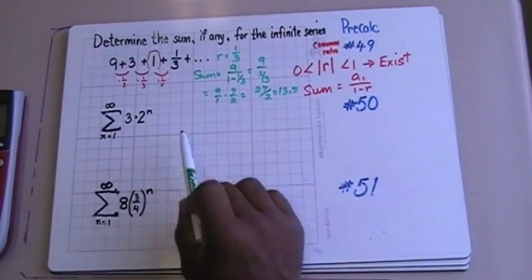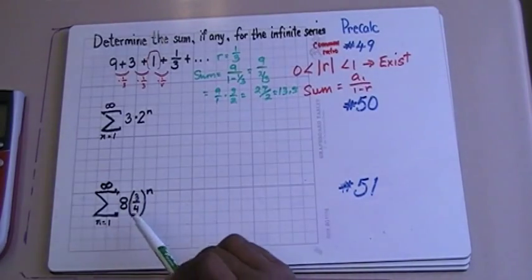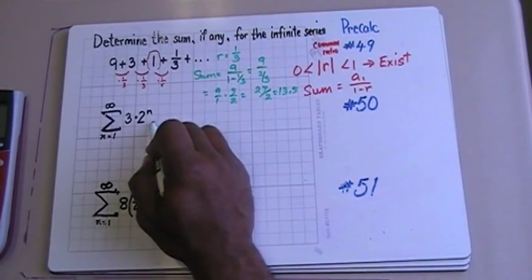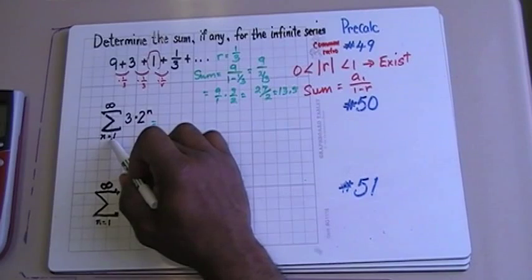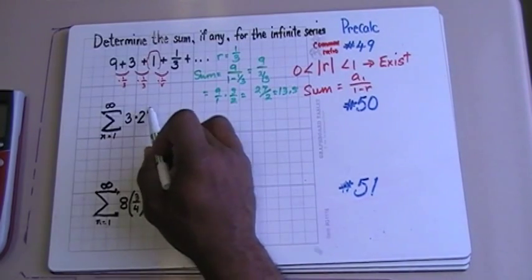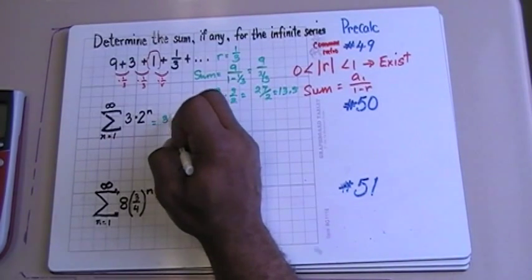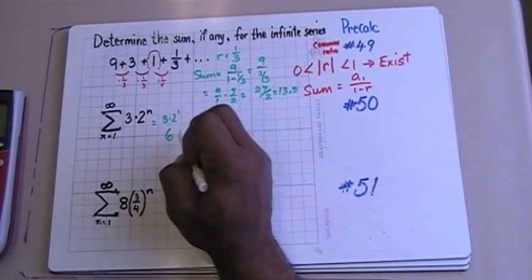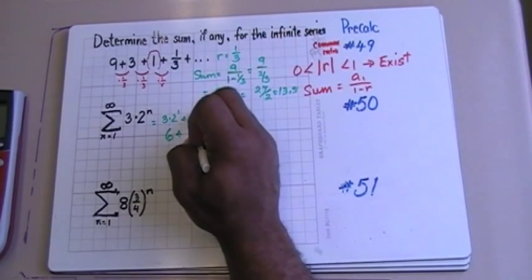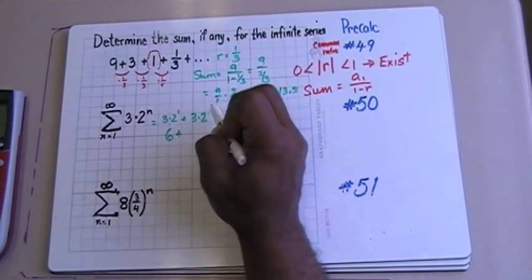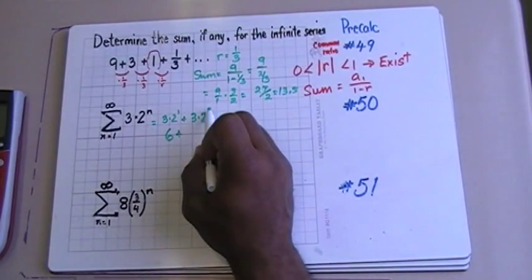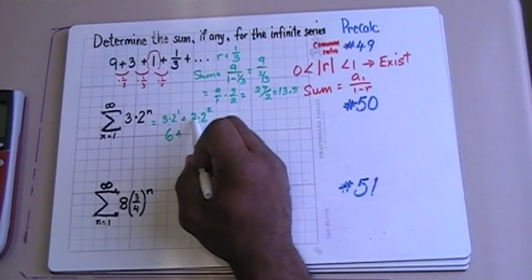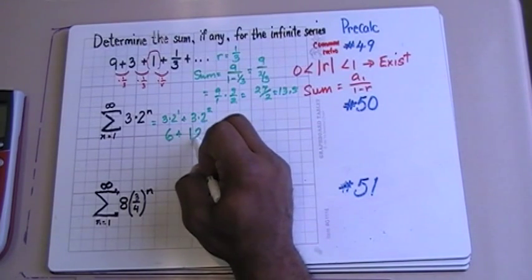A lot of people had questions with these, even on the packet. But an easy way to do it is just to do a couple of values out. If I put the 1 in, I get 3 times 2 to the first, which is equal to 6, plus 3 times 2 squared. 2 squared gives me 4, times 3 gives me 12.